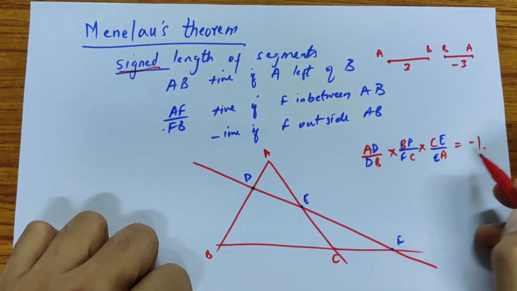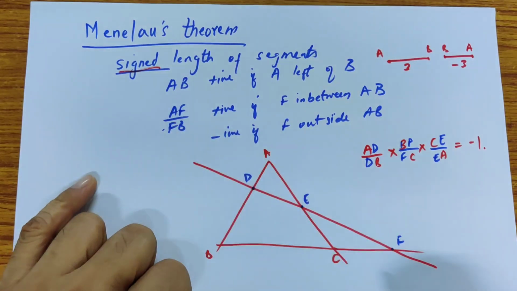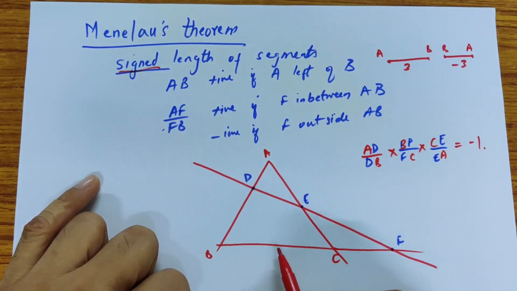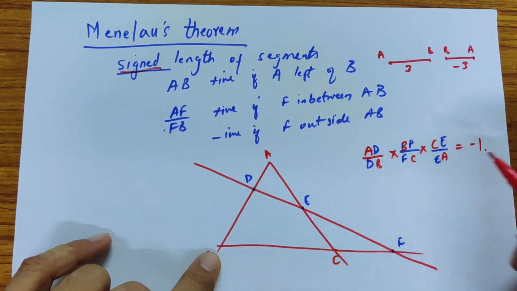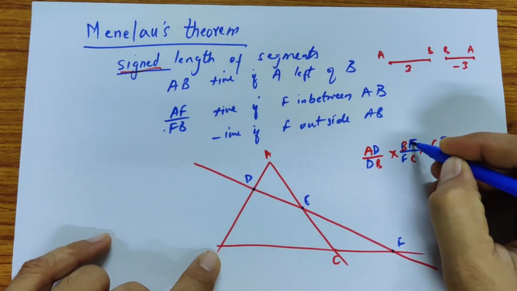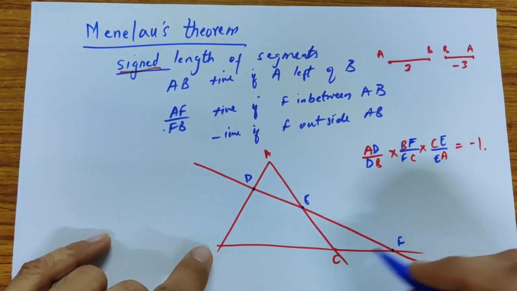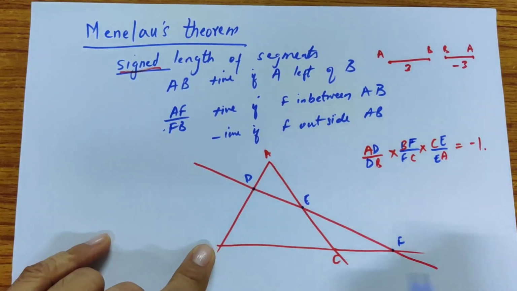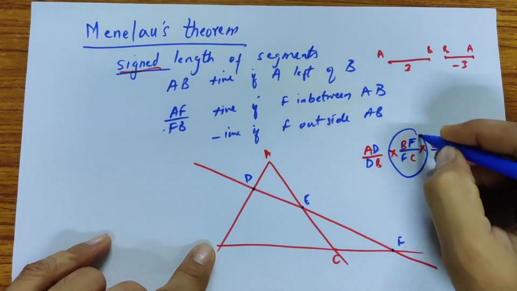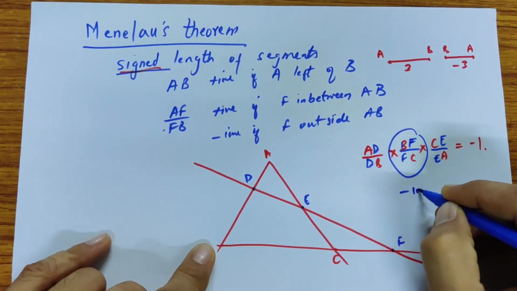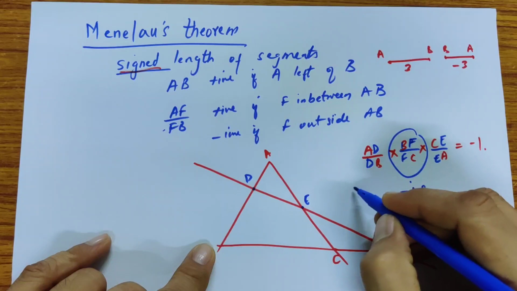So then the question becomes, how do you get a negative? And that's what this is defining. If F had been between B and C, then in this case, BF by FC, one of them is going this way and coming back, so this term is negative, and these two are positive.